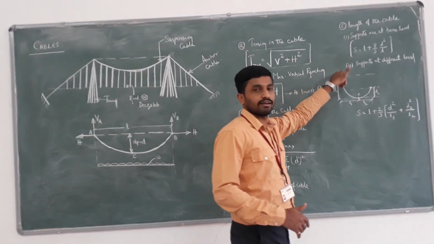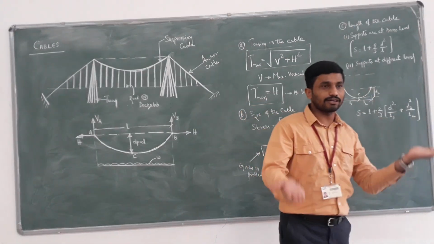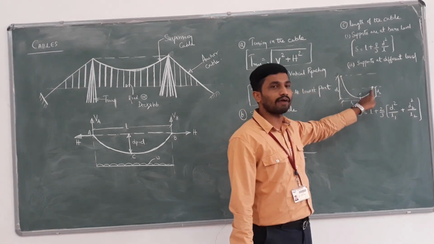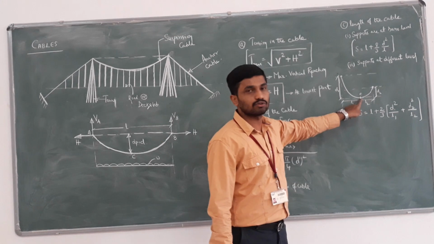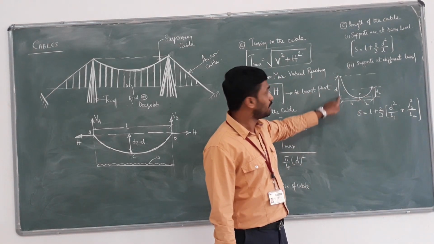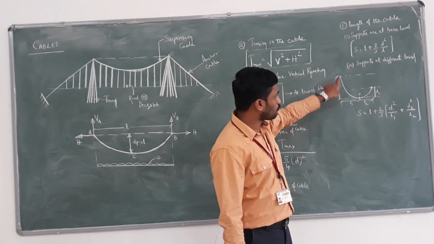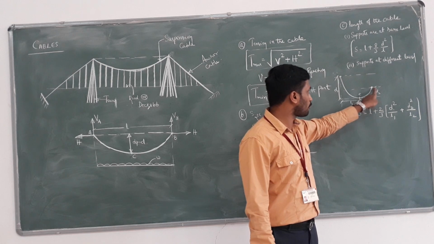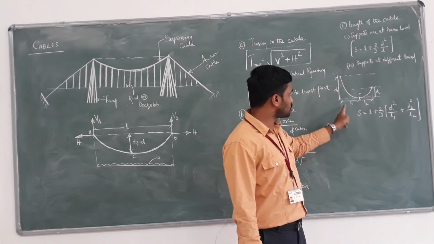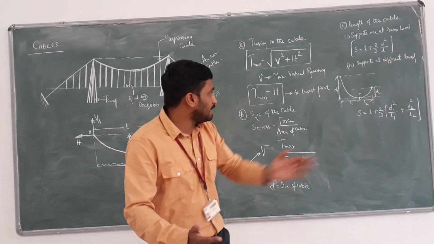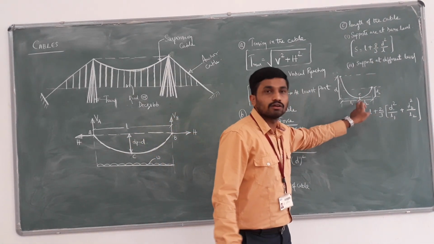In the second case, the supports are at different levels. Say here you have support A and here support B. With respect to the lowest point C, D1 is the depth from support A and D2 is the depth from support B. When C is not at a symmetrical level, we have different lengths on each side.